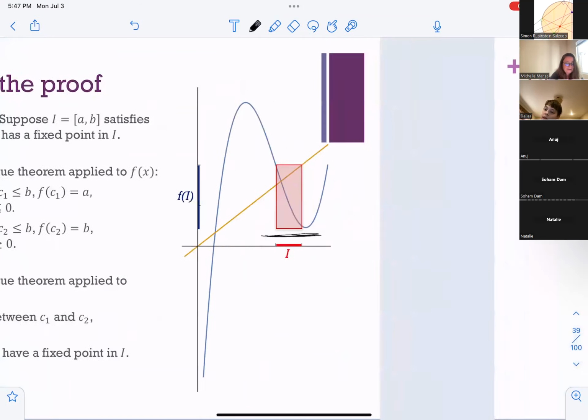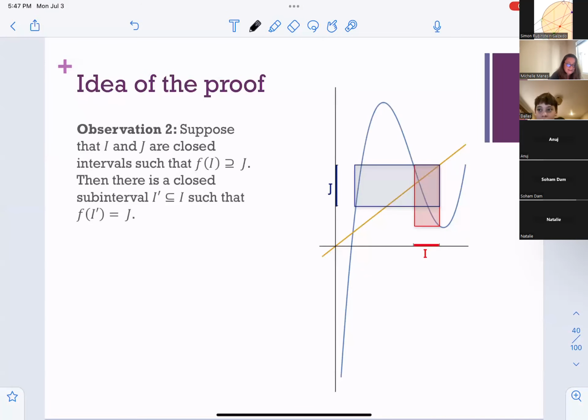First observation. Second observation says, if I have the interval I, and the associated y values j, and if f of I covers j, so let me mark where f of I is here. I'll highlight it.